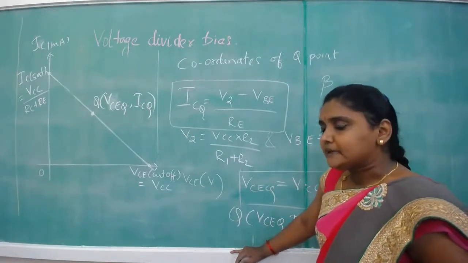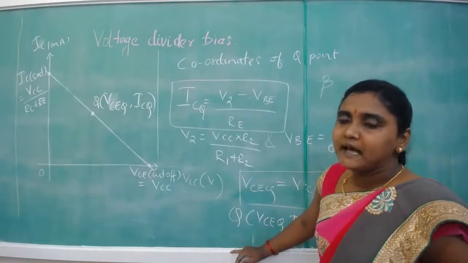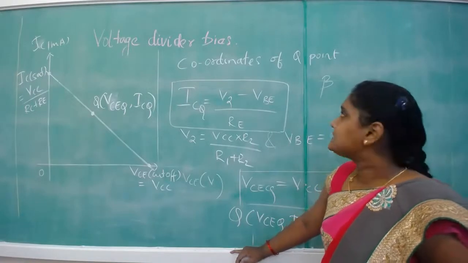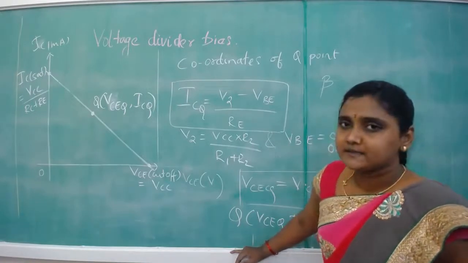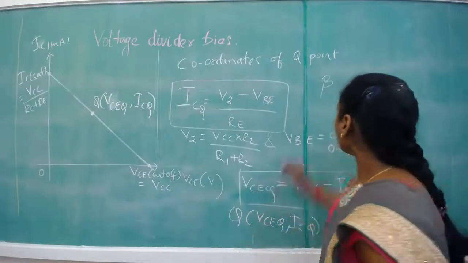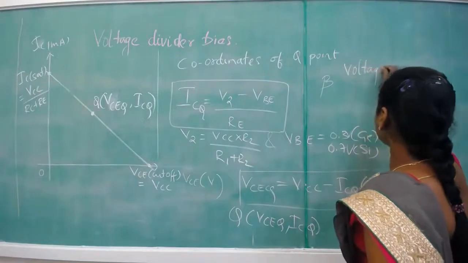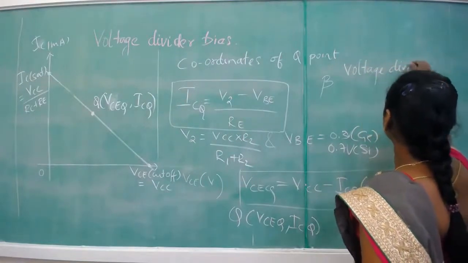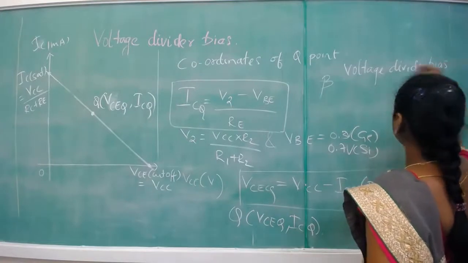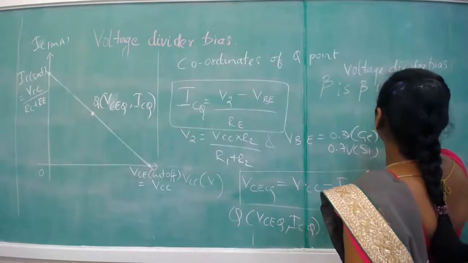So you might be asked a question for 1 mark: Name the beta independent biasing circuit. So what is the answer? The answer will be voltage divider bias. So you have to remember that voltage divider bias is beta independent.